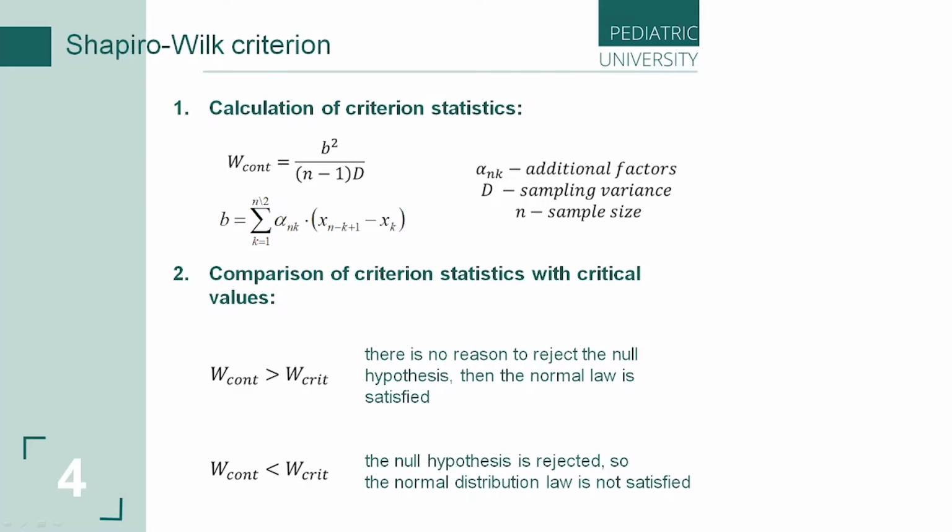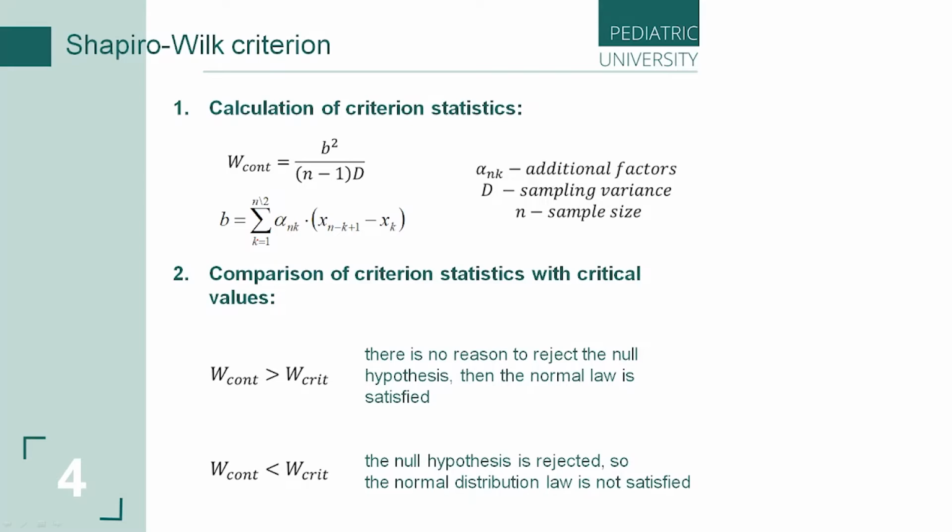In this way, we calculate the control value of the criterion. Next, we compare the control value to the critical value for a given number of elements in the sample. If the control value is greater than the critical value, then we have no reason to reject the null hypothesis.